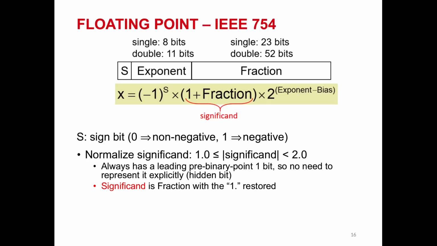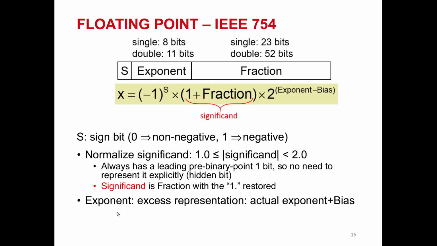And speaking about the exponent, we will have the bias here, and as you can see here, we have two types of floating point: single precision or double precision. For single precision, we will have 8 bits for exponent and 23 bits for fraction.